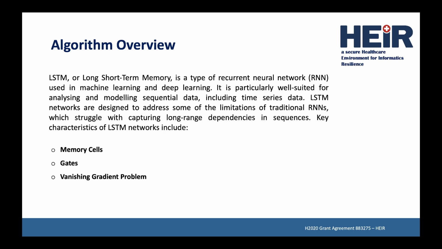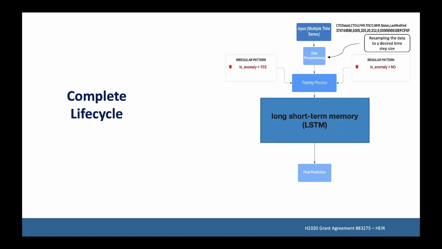Gates. LSTMs employ gate mechanisms, input, forget, and output gates, that manage information flow, enabling selective memory and forgetting as needed. 3. Vanishing gradient problem. LSTMs are designed to address the vanishing gradient problem in training deep networks, particularly with long sequences.